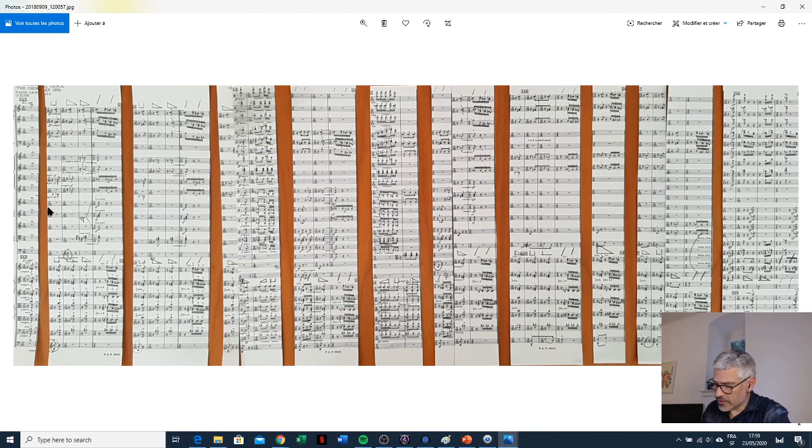And this is the first 216. And I want you to look at these four measures because they contain pretty much everything you need to know about the first half of the first section. Most important one is the last measure.